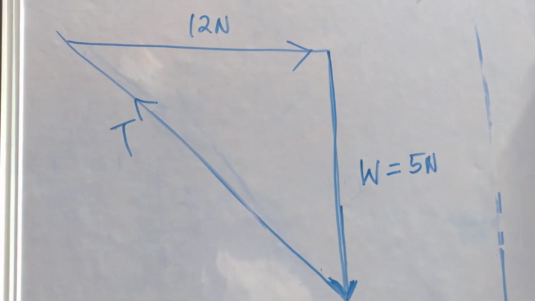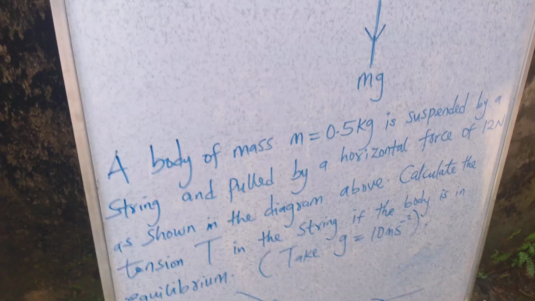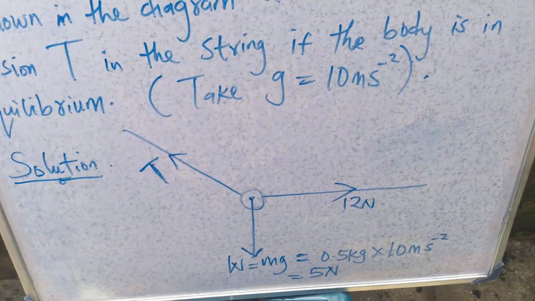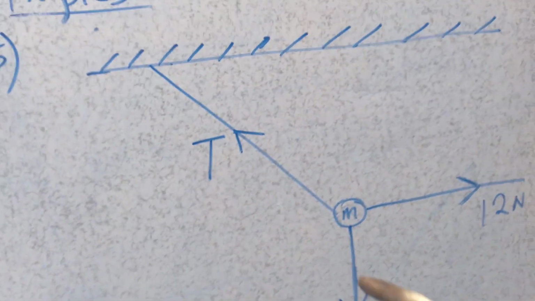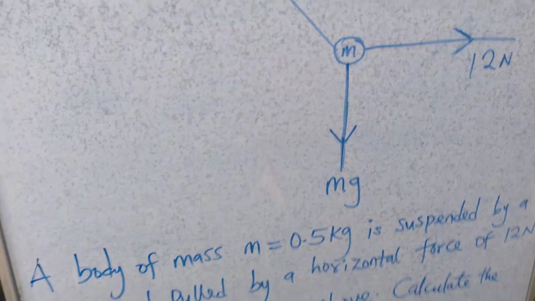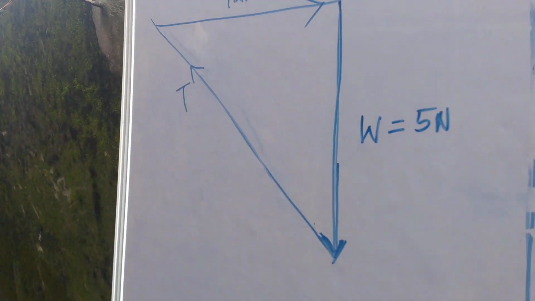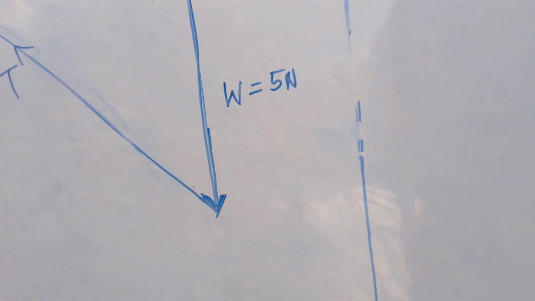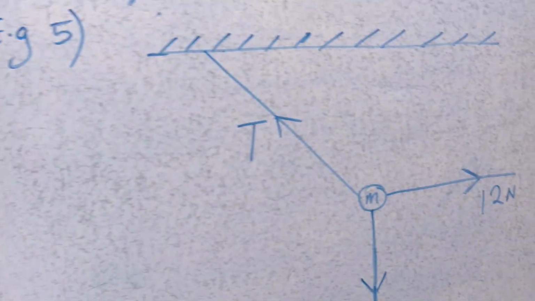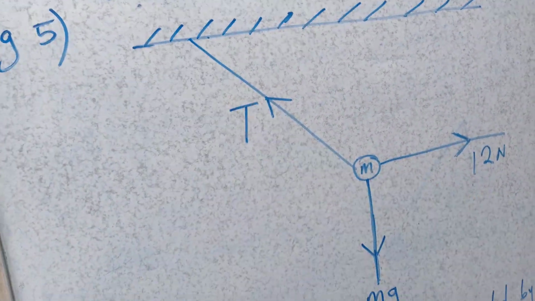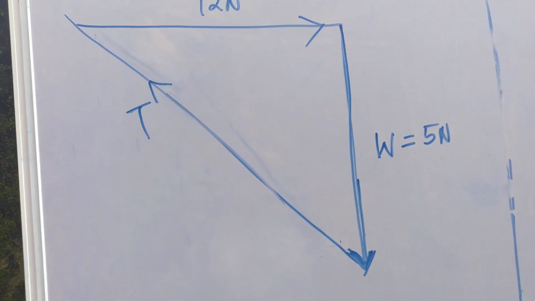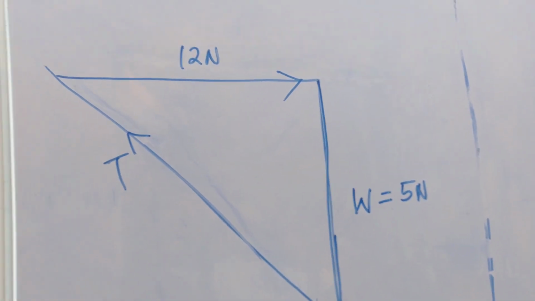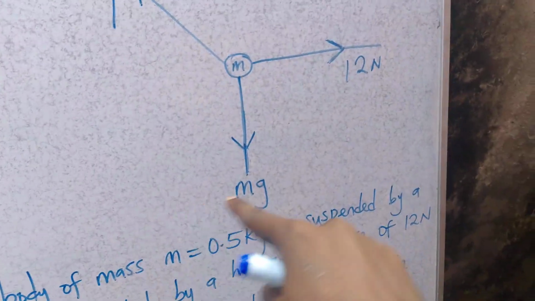The weight of the body, which is acting vertically downwards, we took first. Then secondly, take this other one, then this one. So taking the weight acting downwards, you have W, which is 5 Newton. Then you take this tension force T to go like this, and then I'll take the 12 Newton force going horizontally.